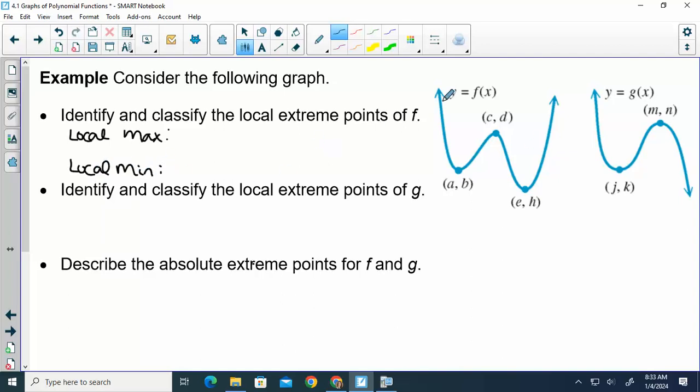Okay, so if I'm looking at f, a local max is just higher than surrounding points. Which one would that be? Let's see. What about local mins? Any others?